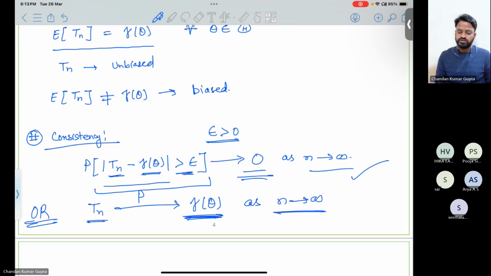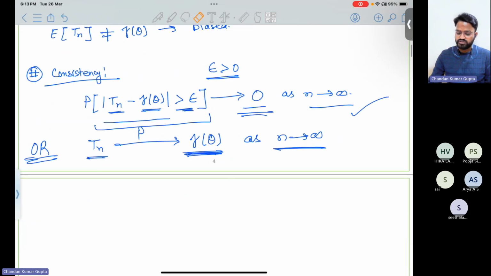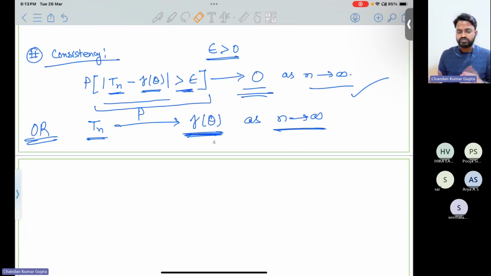There is one more way to check the consistency of an estimator.